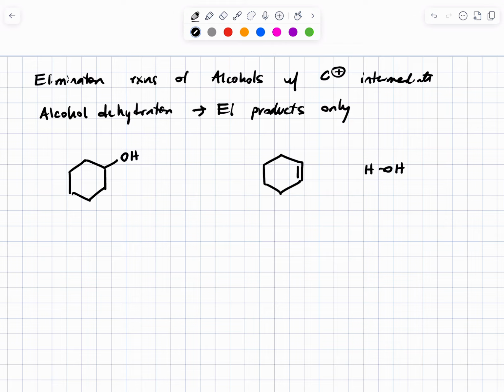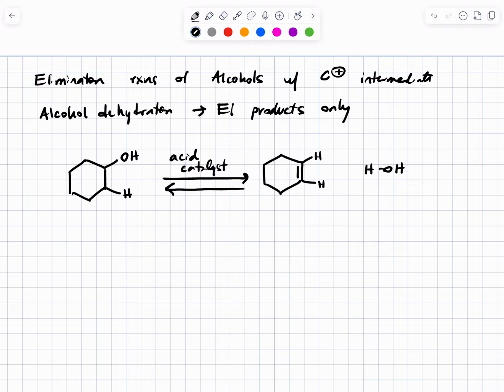And so the starting material loses water, and you end up with a molecule that has an alkene in it. But this requires an acid catalyst to happen. The reaction, it turns out, is actually an equilibrium reaction. It can go forward or reverse depending on the conditions.